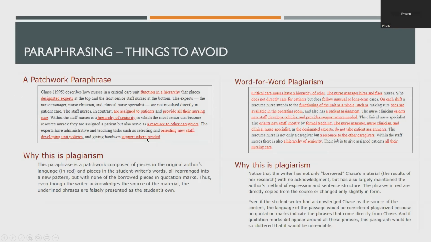This is considered a bad paraphrase. I was borrowing too heavily from the author. I didn't try hard enough to put this into my own words. And in fact, this actually constitutes plagiarism because I took a bunch of words directly from the author, but I didn't quote them. Even though I provided an in-text citation, this is still technically plagiarism.